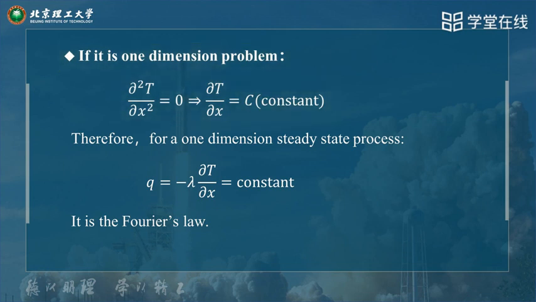This equation just comes from Fourier's law. Therefore, for a one-dimension steady state process, the heat flow density small q equals minus lambda partial T partial x equals constant. That's Fourier's law.